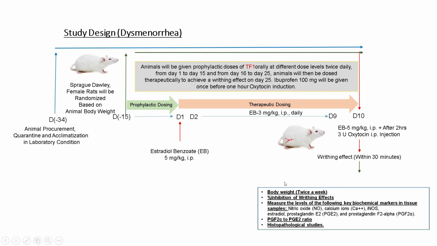Before that, you have to take the blood. That is necessary to evaluate estradiol level and prostaglandin PGE2, F2 alpha, and both ratio can also be used as a parameter. And lastly, you will go for histopathology.